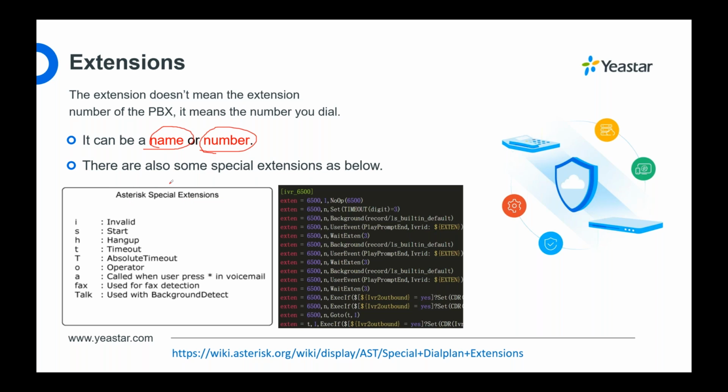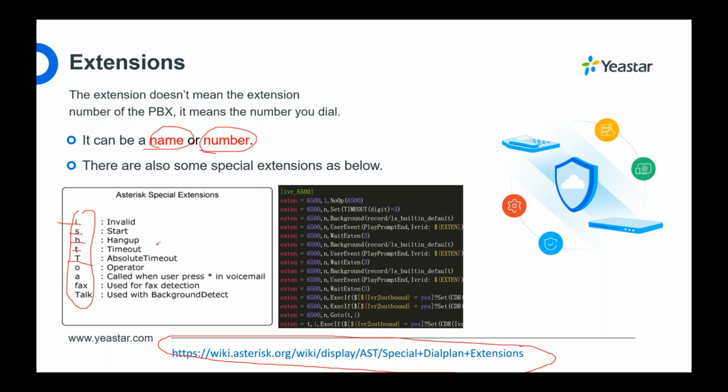And second, there are also some special extensions as below. If you see something like I, S, H, T, then they have a specific meaning. Here I posted an address, you can check the details.